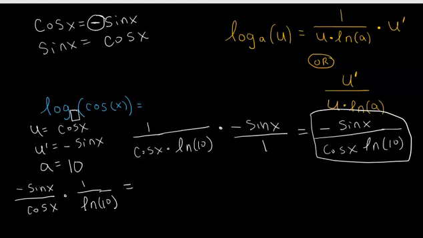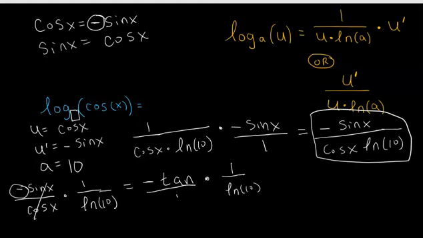So why did I do that? Well, if you look really carefully at negative sine x over cosine x, you see that sine is on the top, which means we can convert it into tan. Don't forget that negative sign, because it came with a negative, so we're going to put the negative there. Times 1 over ln 10. There's nothing really you can do with ln 10, so you just keep it as is.